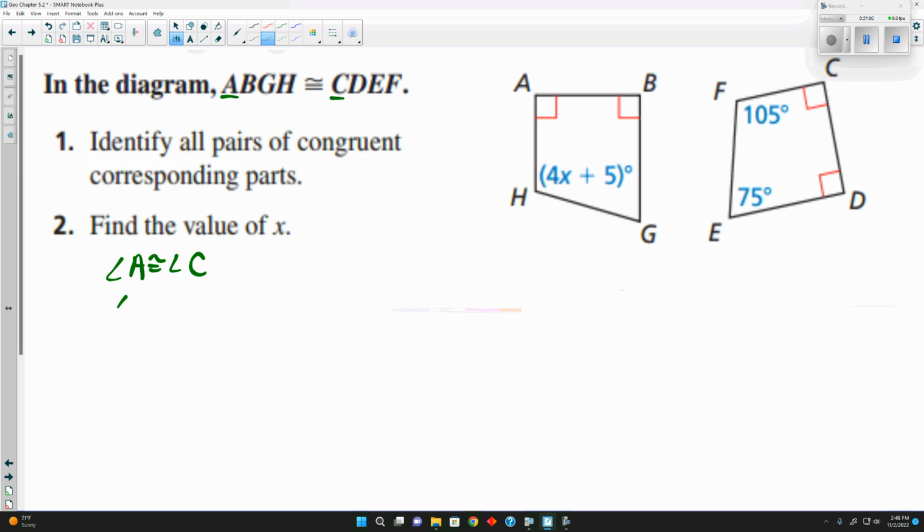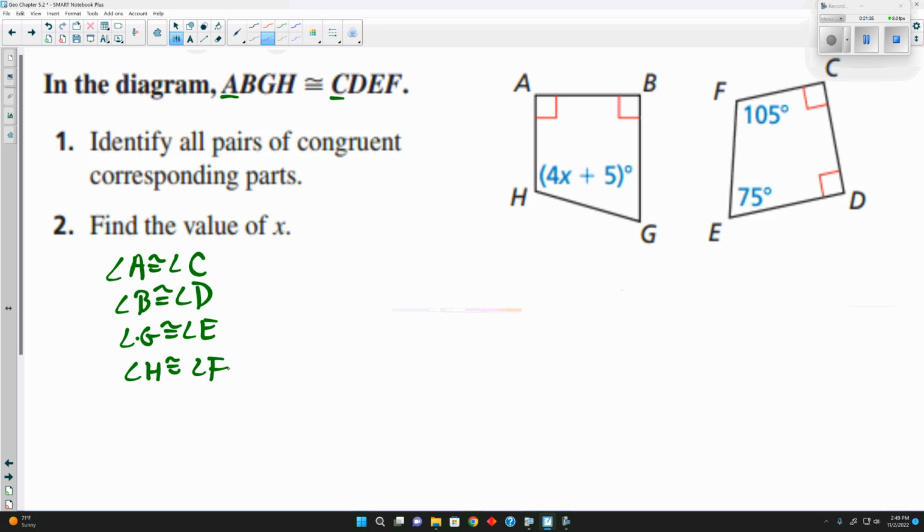Then we can say angle B is congruent to angle D. Then angle G is congruent to angle E. And angle H is congruent to, and again, all I'm doing is looking at the statement, because the statement will match up to what we have.